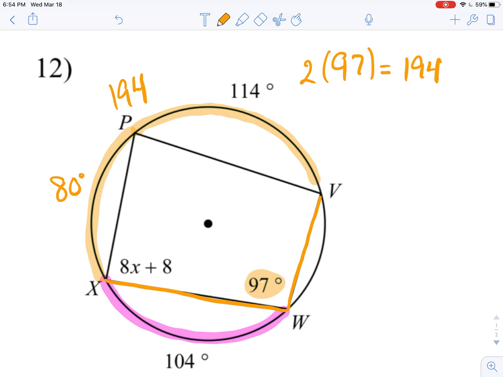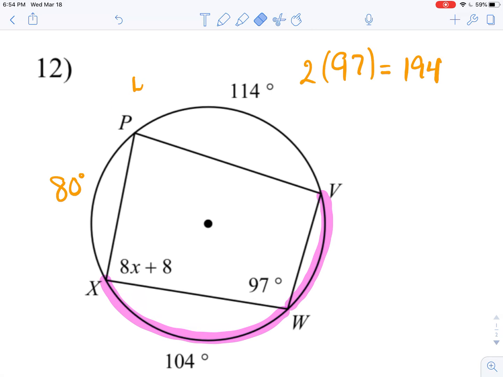So 194 minus 114 is 80. Okay, but I still don't know a whole lot about x. And this is where it's going to get kind of interesting.